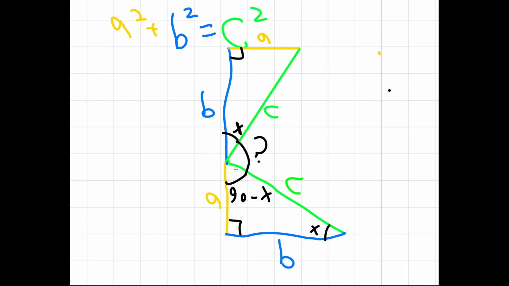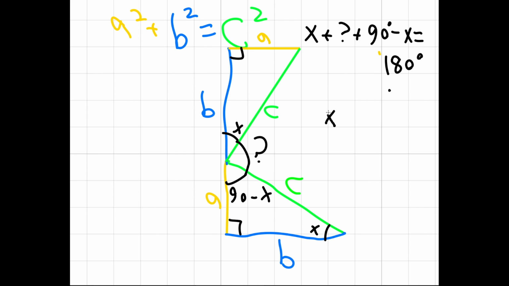And since this is 180 degrees, here, x plus question mark plus 90 minus x is equal to 180 degrees, right? So we're going to first subtract 90 from both sides.